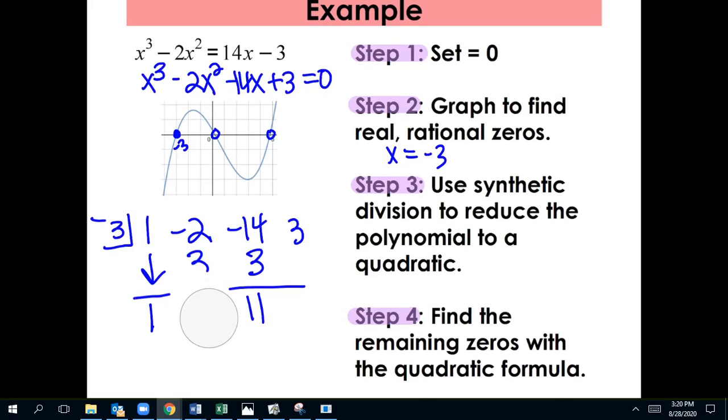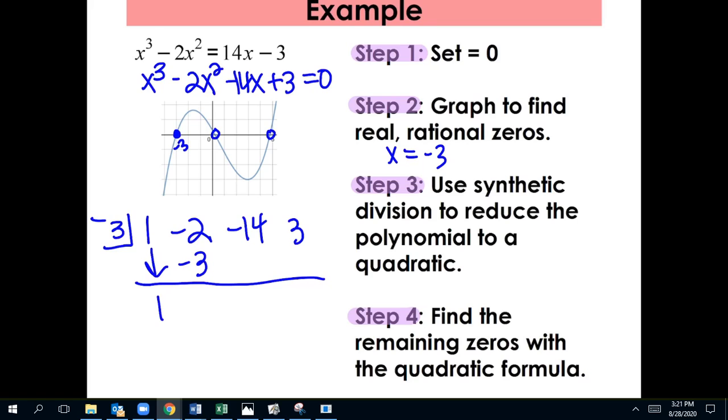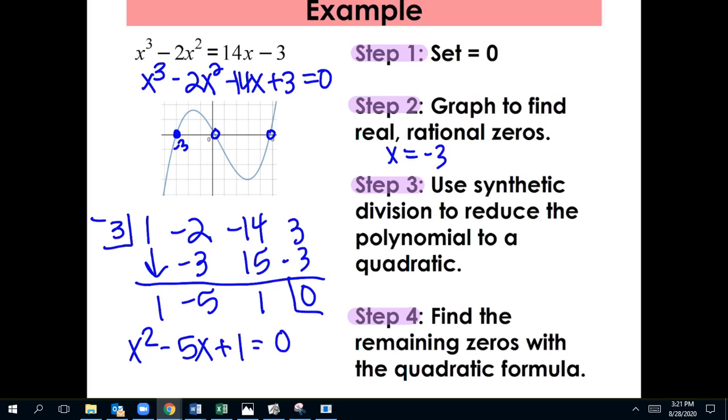Let's just fix this. Okay, there we go. -3. Then here we're going to get -5, +15, 1, -3, 0. Okay, then we have our quadratic x squared minus 5x plus 1 equals 0.